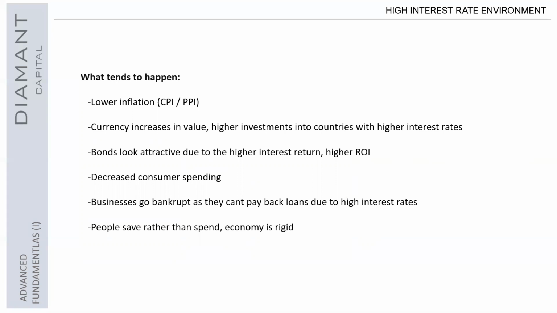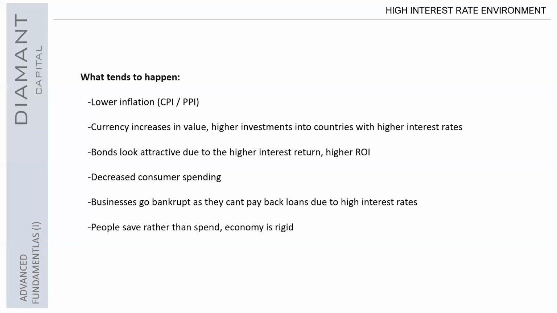The reason why the currency actually increases in value as interest rates increase is because if you've got a pot of money and you want to invest your capital somewhere, you want to look for somewhere where you have the highest rate of return. Usually that's done through higher interest rates. Now, of course, if your economy is deflationary, that means interest rates are increasing. Therefore, your currency also increases in value.